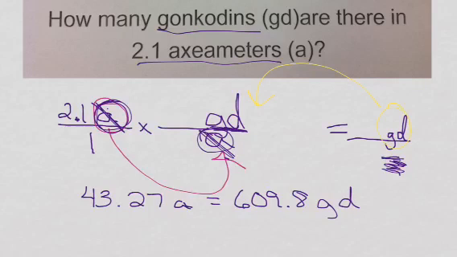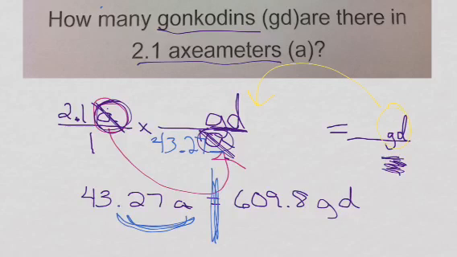And then wherever the label is down here, like the A is with the 43.27, it has to go with the 43.27 at the top. So since A is right here, we can't move that. Then we have to put the 43.27 here.